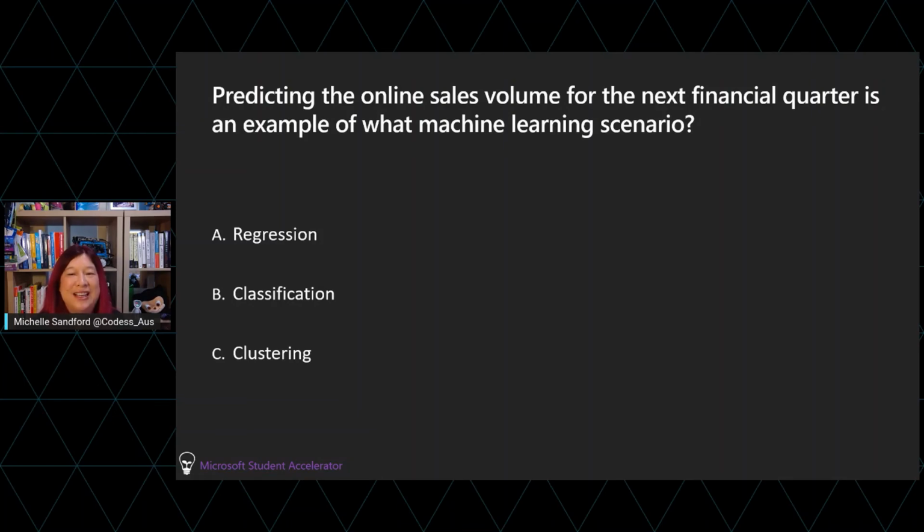In a regression machine learning scenario, you predict a numeric value, typically in continuous form. So in this, you can use machine learning to predict the online sales volume for the next financial quarter by using historical sales volume data and various factors such as holiday seasons, confirmed sales, orders, and so on. Classification would be used to make predictions in a non-continuous form.